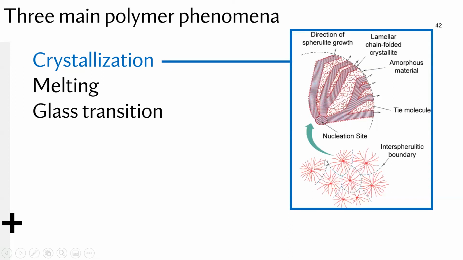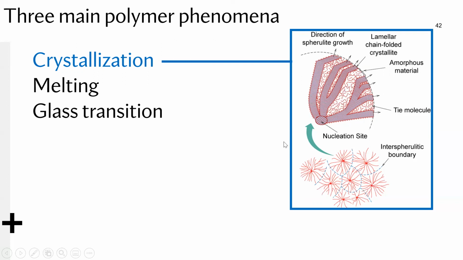So this we've already seen, and we've seen how the growth from the nucleus all the way to boundaries can happen and propagate through these crystalline structures, and in between there are these intermediate sort of amorphous regions, and this is basically the crystallization process.